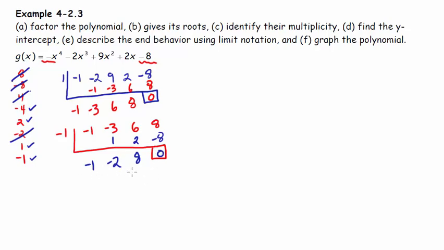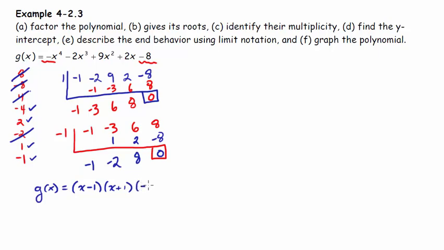Great. Now we've got this down to something that's quadratic, which we can factor using our algebra here. So I'm going to call this g of x. I factored out an x minus 1 for my root of +1. I have x plus 1 for my root of -1.